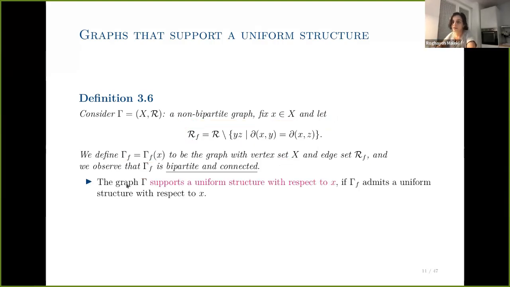And so we say that the graph gamma supports a uniform structure with respect to x if gamma_f admits a uniform structure with respect to x. So this was our definition for non-bipartite graphs that support a uniform structure.